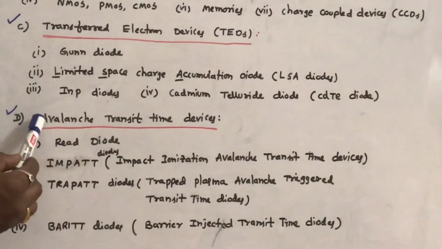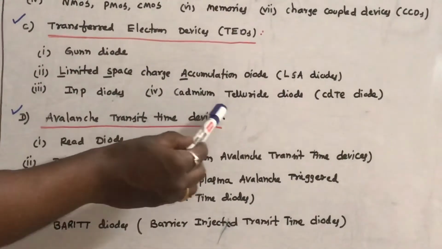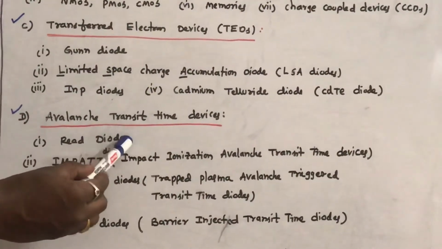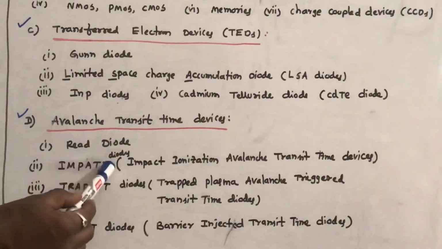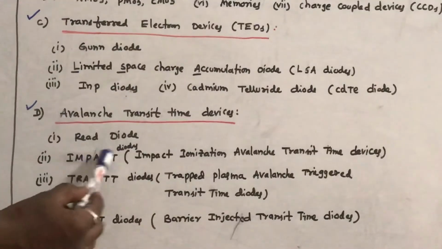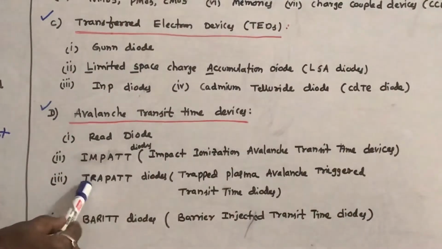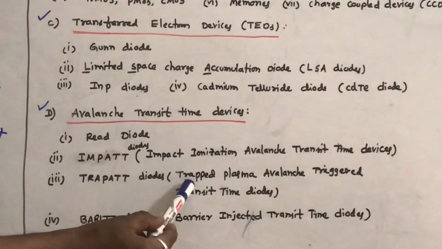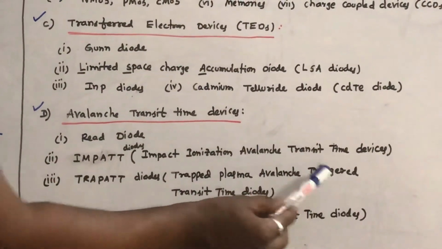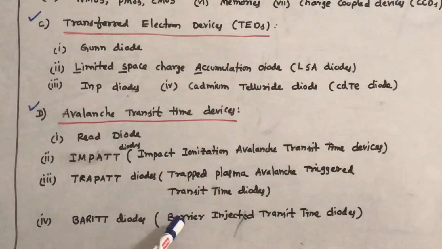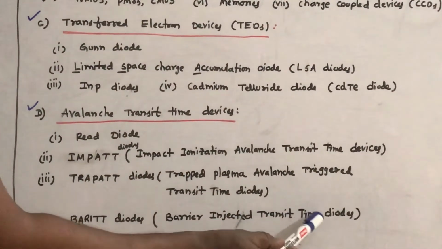Let us see the last one, avalanche transit time devices. In this we discuss the READ diode, IMPATT diode, where IMPATT stands for impact ionization avalanche transit time, TRAPATT diodes, trapped plasma avalanche triggered transit time diodes, and BARITT diodes, barrier injected transit time diodes.